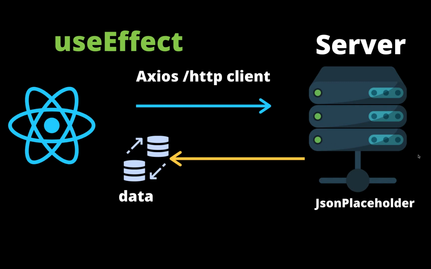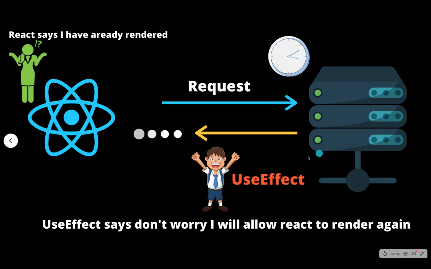Now let's go to the next picture to understand what is going on. When you're making the request, the request might be delayed, but our React application, as soon as you run it, runs within a second. But what if you're making requests and the network is really slow, so the data that is coming back is delayed?